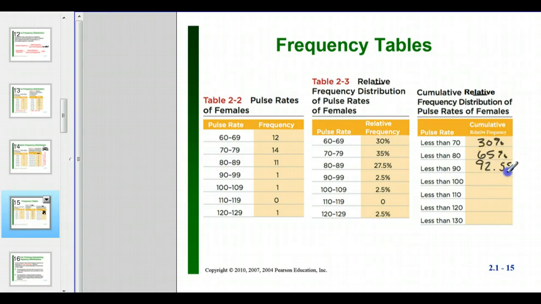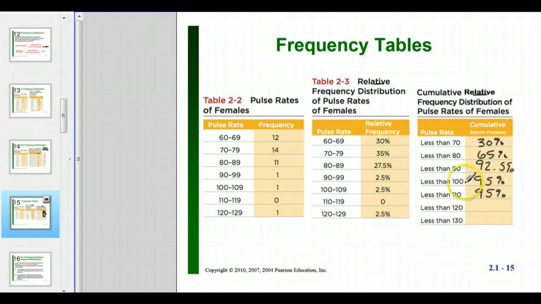And then adding 2.5% to that would be 95%. Adding nothing to that still keeps us at 95%. And then adding the last 2.5%.